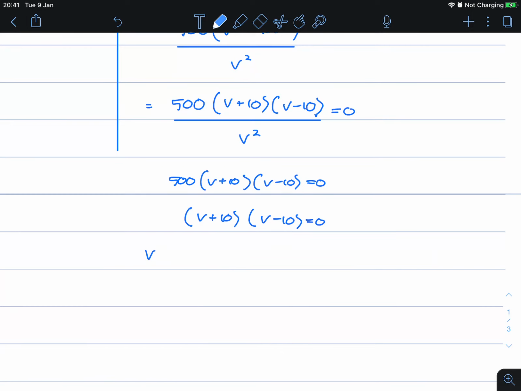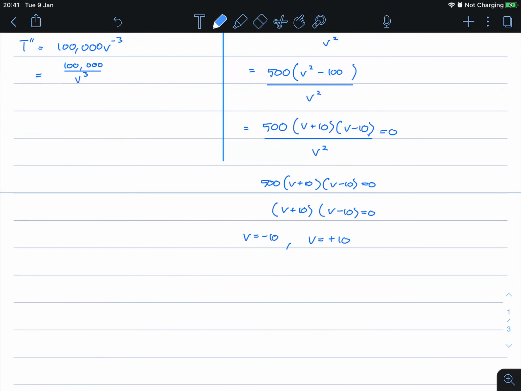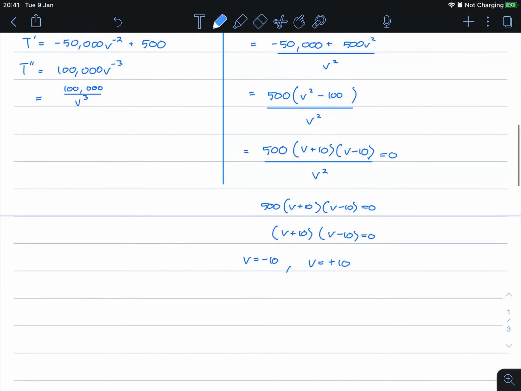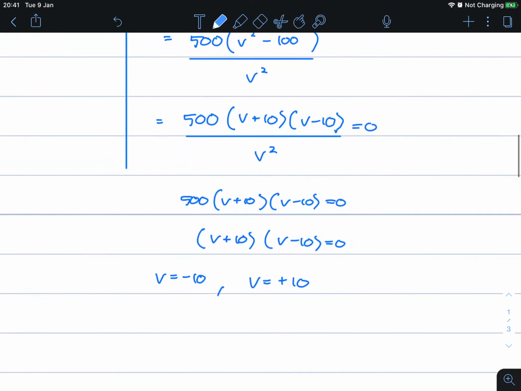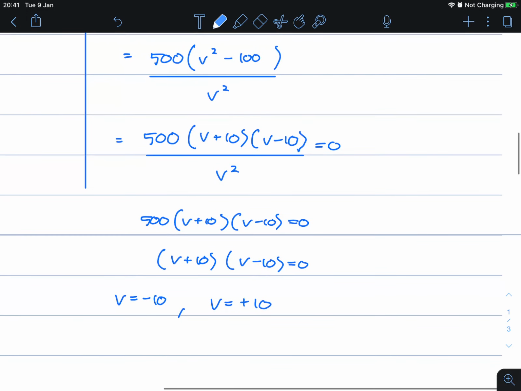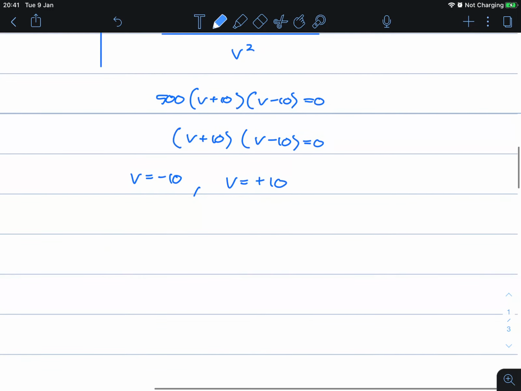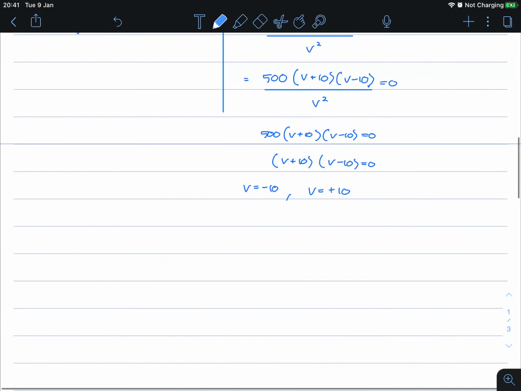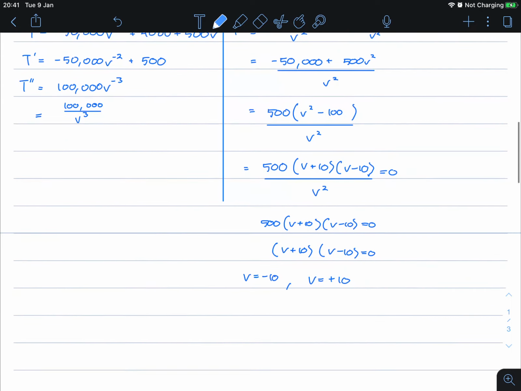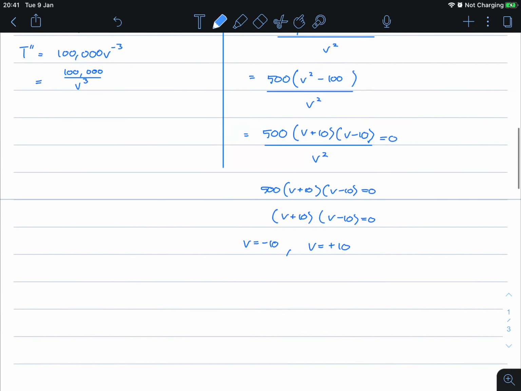We have two solutions, V equals negative 10 and V equals positive 10. Now it's very clear to see that one of these answers is invalid because we have a negative velocity here, which at this stage in mathematics is not possible. So we have a minimum point here, right? But we can just double check this by substituting this into our second derivative.